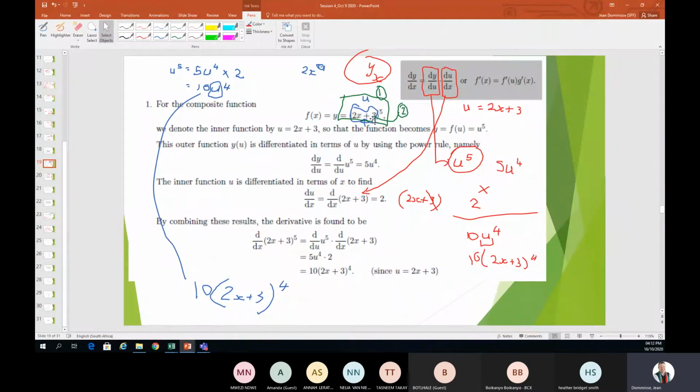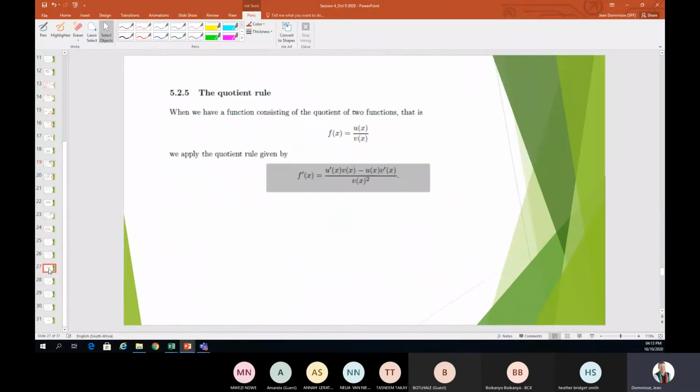You just need to know that you need to do both parts. When we get now to the new one that we're starting off today, the quotient rule, here it is very important that you do it in the correct steps.